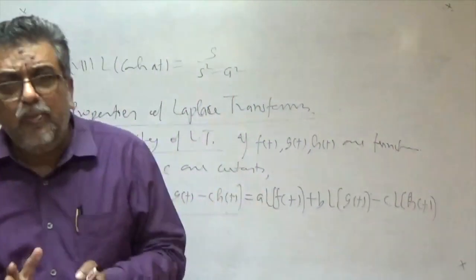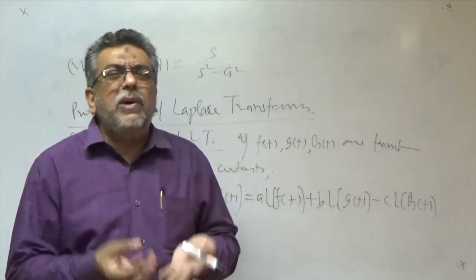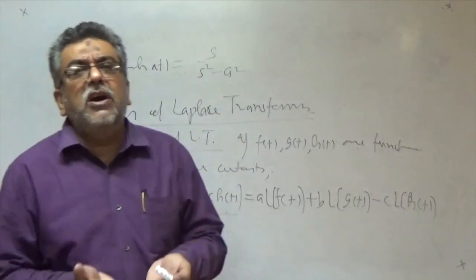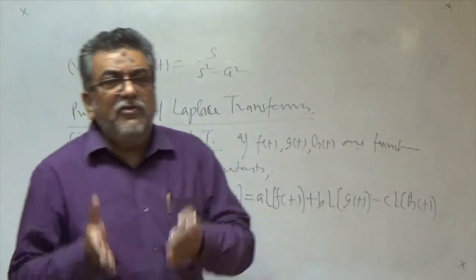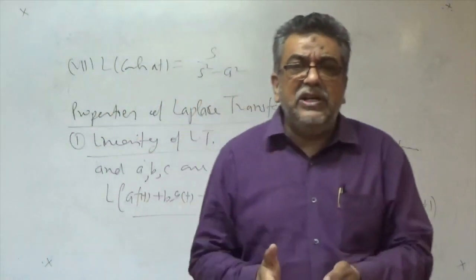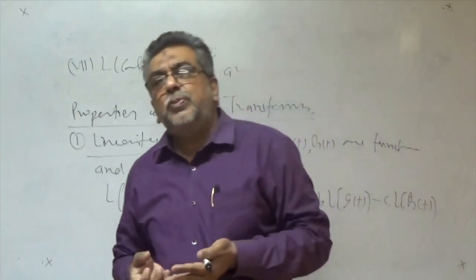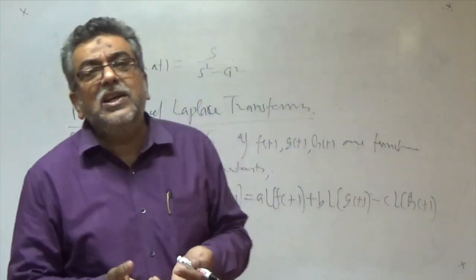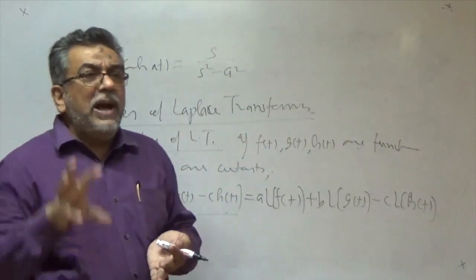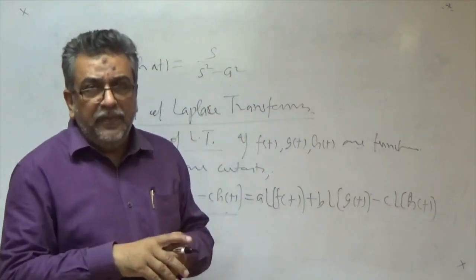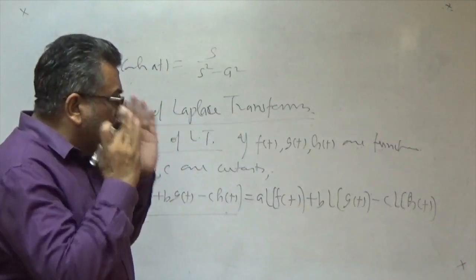Proof is not so important because proof is very easy by using the linear property of definite integral, because you know that in case of definite integral, the sign of integral can go inside any expression, and we can take any constant outside the calculation of the definite integral. By using that concept, you can prove this.